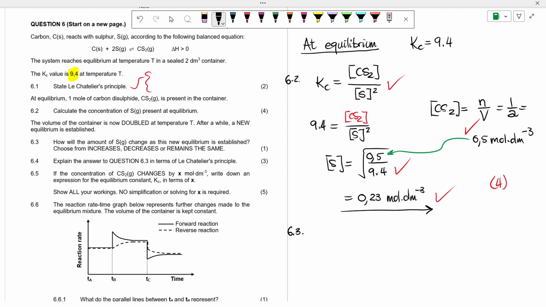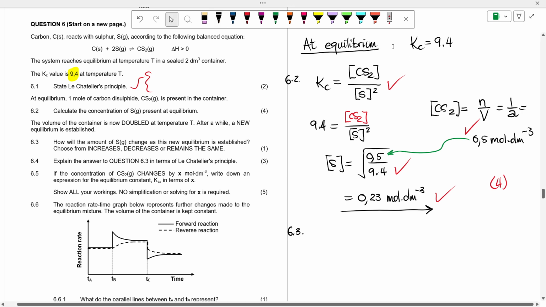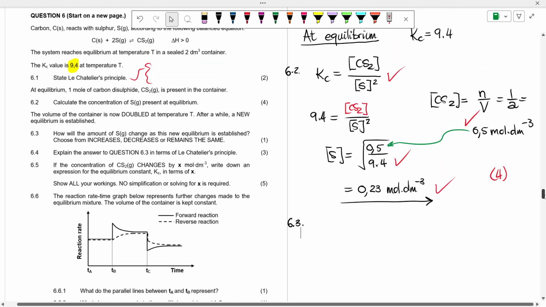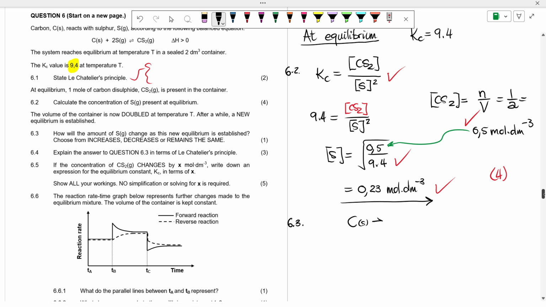The volume of the container is doubled, at the same temperature. If we increase the volume... I don't know my answer yet, whether it's increase, decrease, or remain the same. But I know, looking at Le Chatelier's principle, if you increase your volume, you're decreasing the pressure because they're inversely proportional.